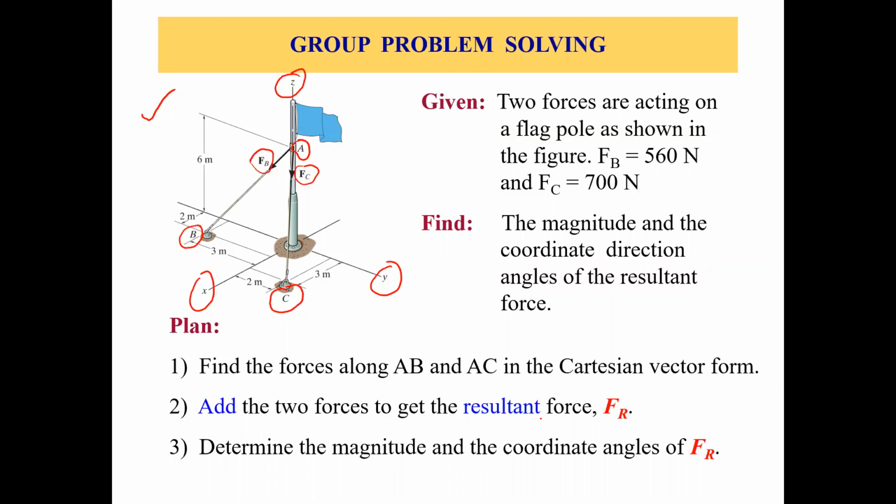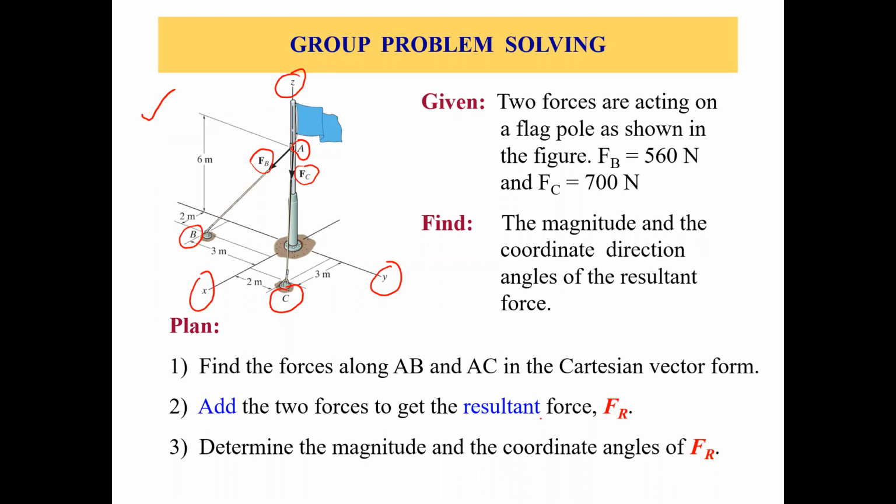After we have FAB and FAC in Cartesian form, we can add these two forces to get the resultant force FR. And once we have FR, we can determine the magnitude and coordinate angles of that resultant force.